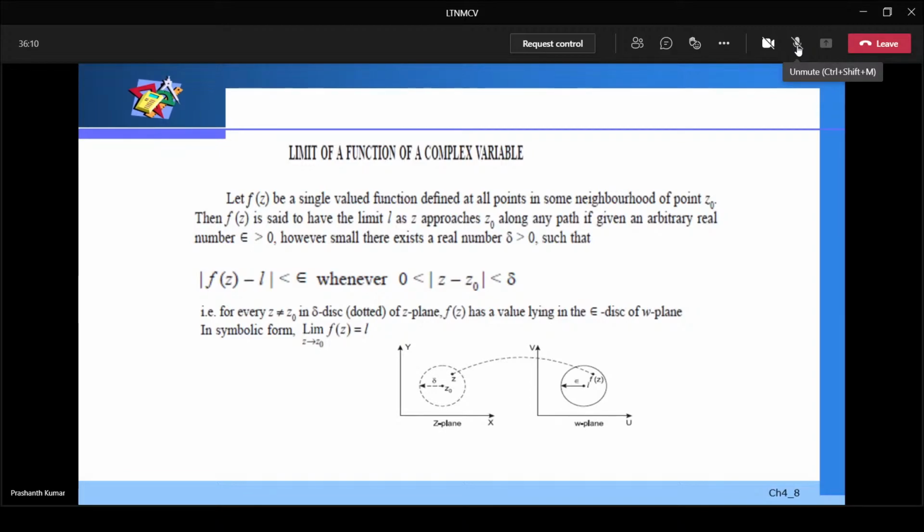Then f of z is said to have the limit L as z approaches z0. ఈ z అనేటువంటి ఈ పాయింట్ ఎప్పుడైతే ఈ z0 ని అప్రోచ్ అవుతుందో ఈ f of z అనే పాయింట్ ఈ లిమిట్ పాయింట్ ని అప్రోచ్ అవుతుంది. ఇది దగ్గరికి వచ్చిన కొద్దీ ఈ విధంగా వస్తుంది అన్నట్టు.